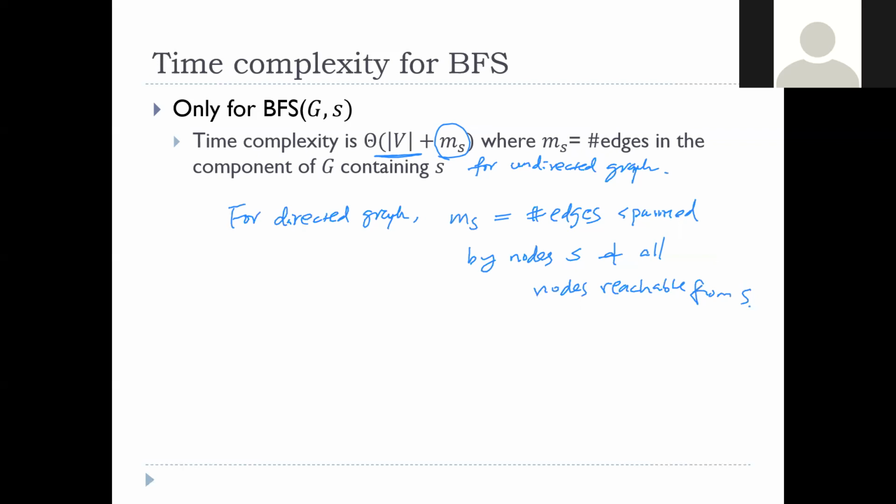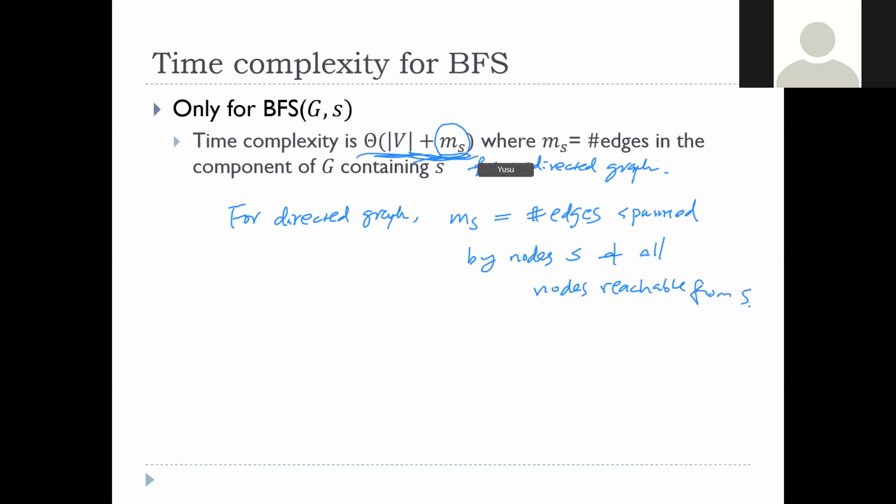It's a little bit complicated to state, so roughly speaking, if it's undirected, you are only visiting that connected component, so you only need to visit all the edges in it.